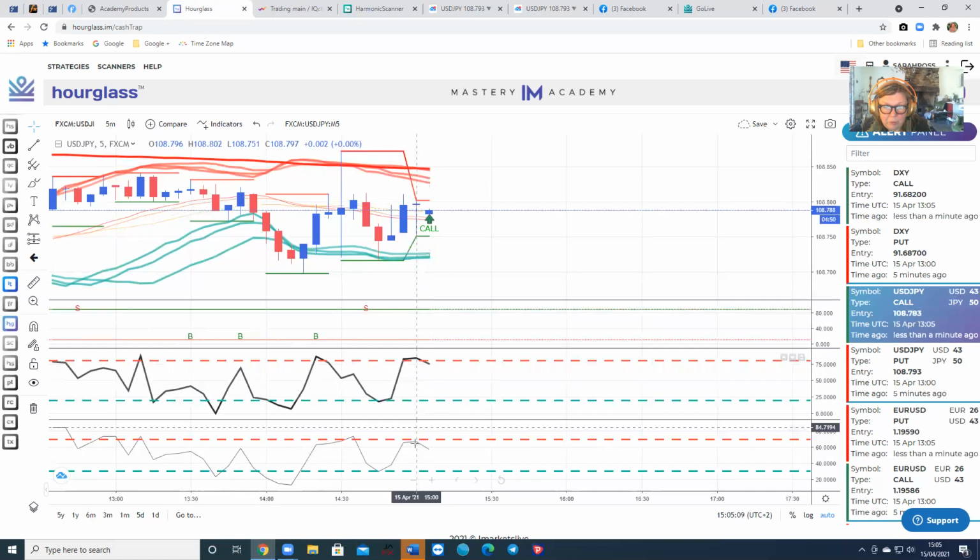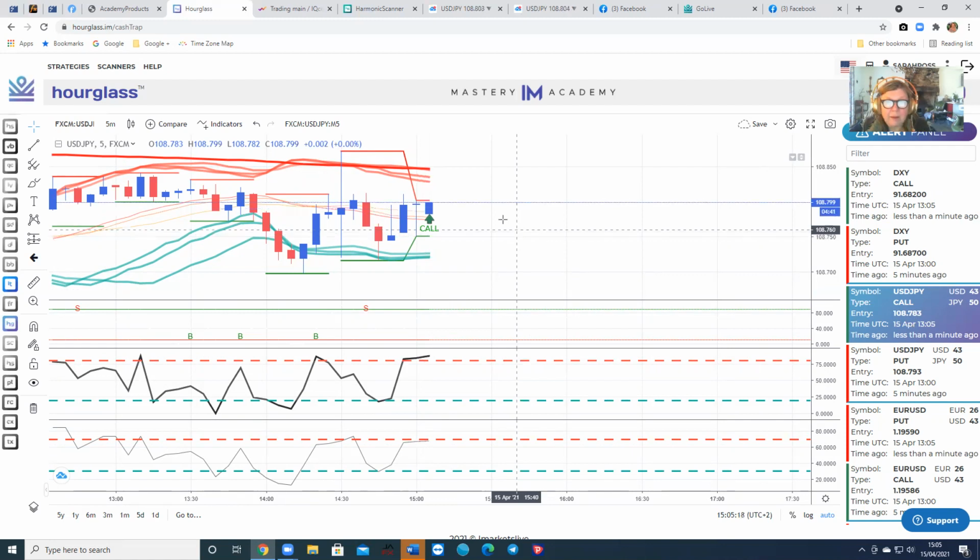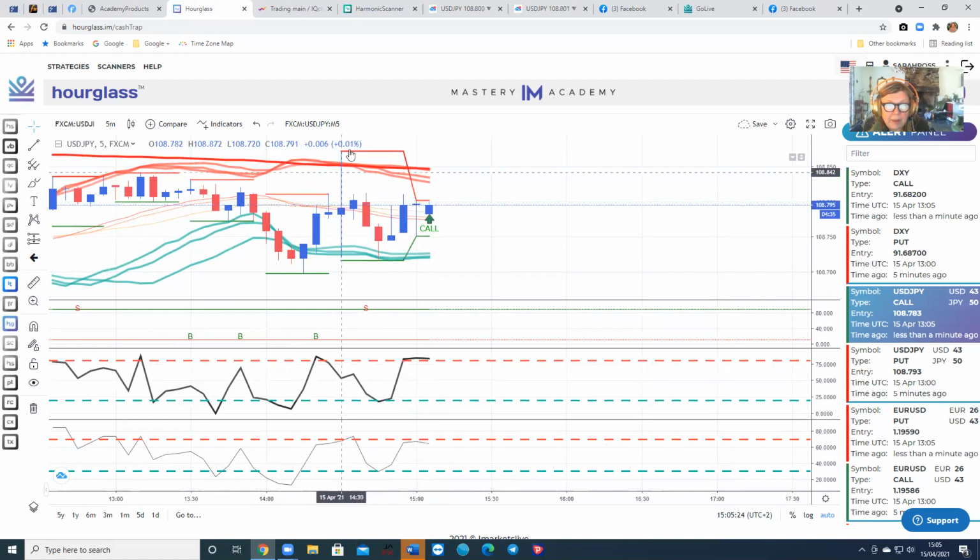So overbought, crossing down, 43 to 50, 783. And that's in line with the DXY, and you can see the news spike there. So the market's just settling down after the hour on that.